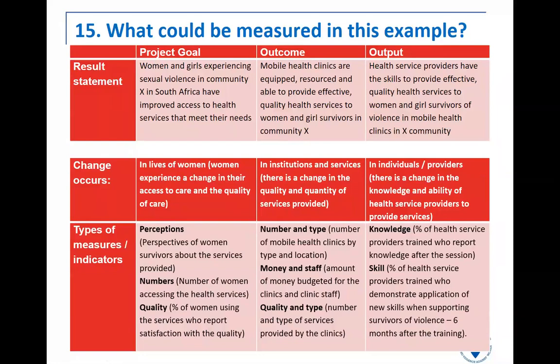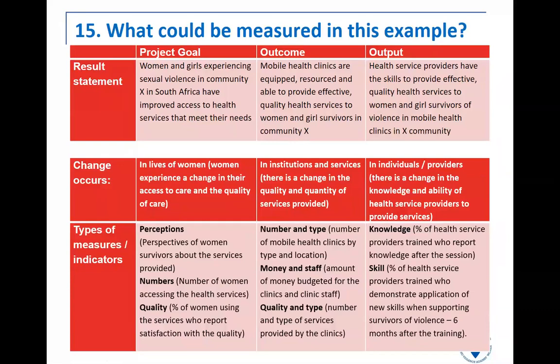You could measure it quantitatively by just simply looking at the number of health clinics, because you may just assume that more health clinics would mean more access. You could be measuring whether or not there's a budget for the health clinic, because to be resourced you would need money.